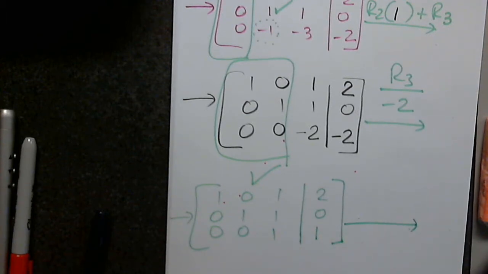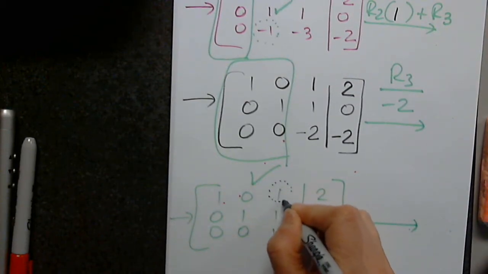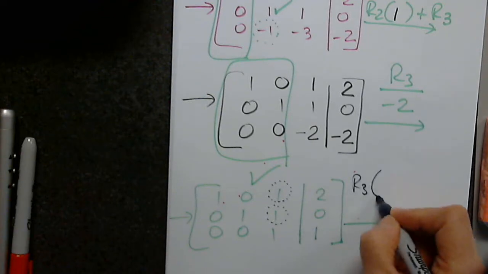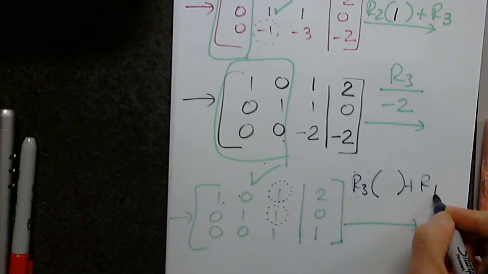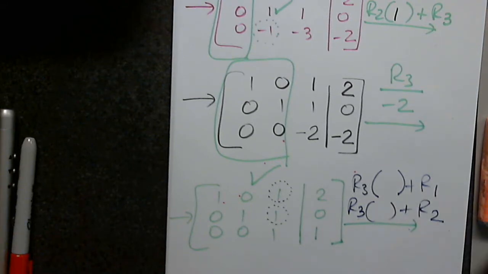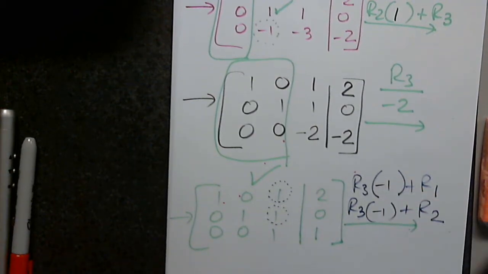I am making use of which row now because I need to get a 0 here and a 0 here. Obviously, row 3 needs to be multiplied by something and added to row 1, and row 3 by something and added to row 2. Very good, in both cases, awesome.